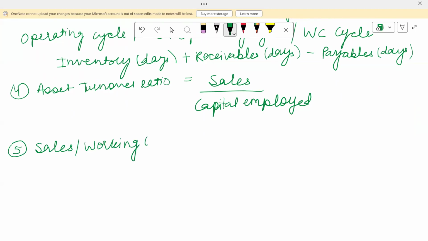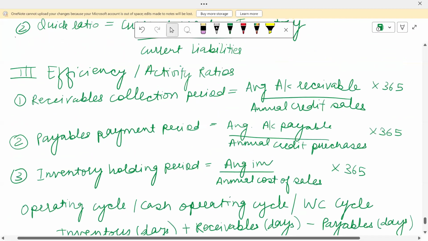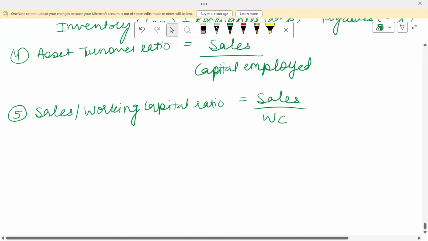The formula itself is given in the name of the ratio, which is sales divided by working capital. So these are the efficiency or activity ratios. Now the next type of ratios which we learn, the fourth category, is your financial gearing ratios.